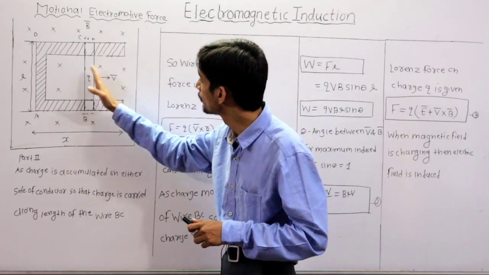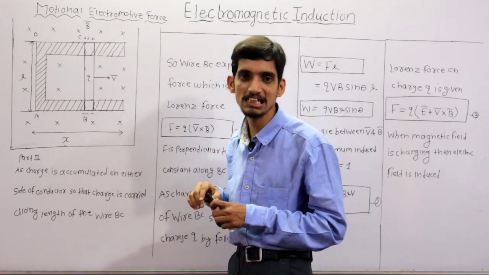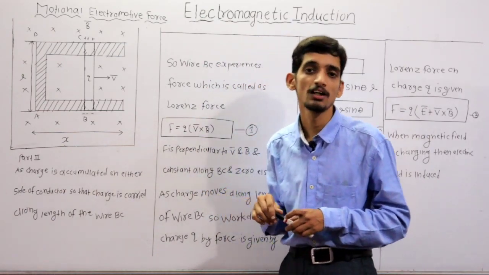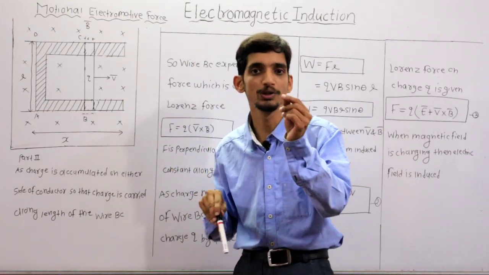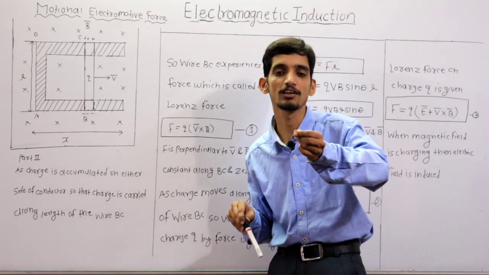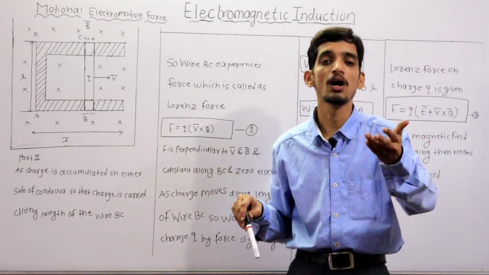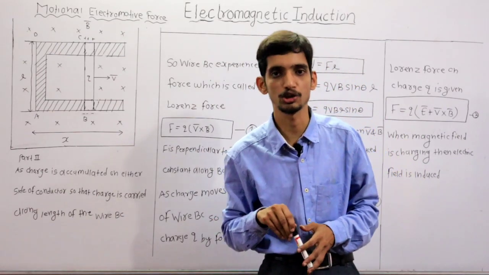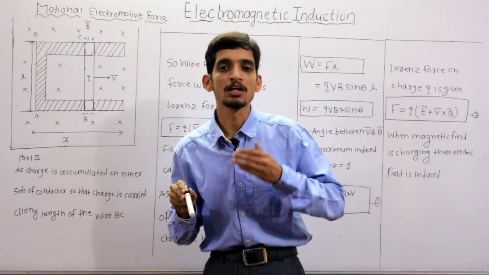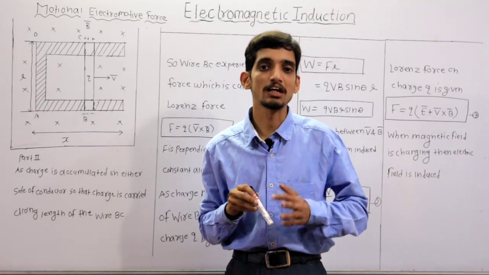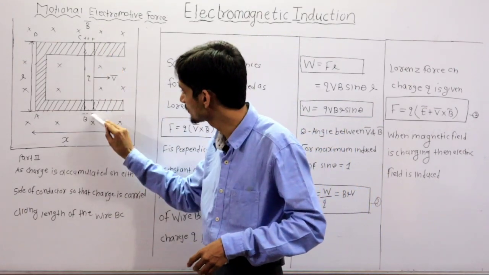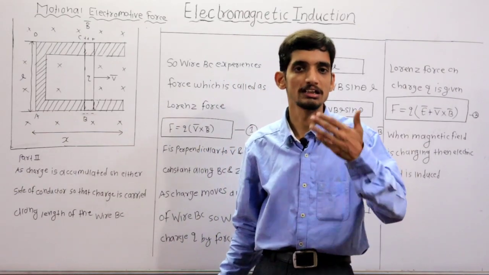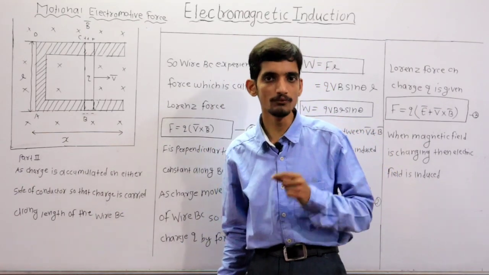Now when we pull this wire towards the right side, there is a change in the flux because this is placed in a uniform magnetic field. So due to that change in flux, as per the flux rule or Faraday's law of electromagnetic induction, there will be a rate of change of flux, and corresponding to that we get the induced EMF across this rod or conductor or wire. Clear?